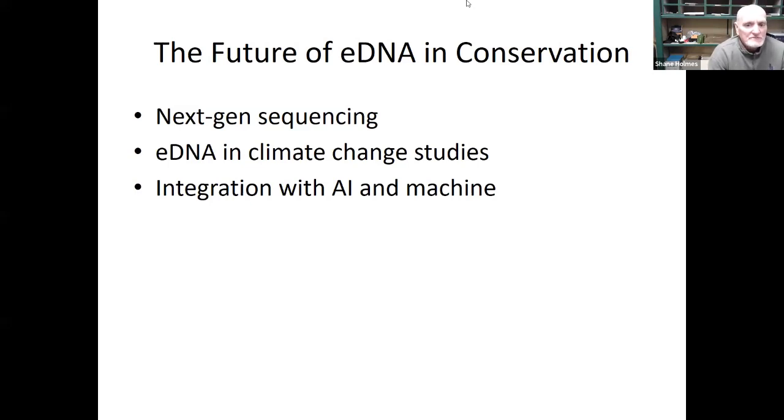These technologies can rapidly process vast amounts of environmental DNA sequences, identifying species more efficiently while reducing human error. And artificial intelligence-driven algorithms can help detect patterns and trends in biodiversity over time, helping scientists better understand ecosystems and predict changes. This integration enhances the scalability of environmental DNA research, making it a more powerful tool for large-scale conservation efforts and environmental monitoring.